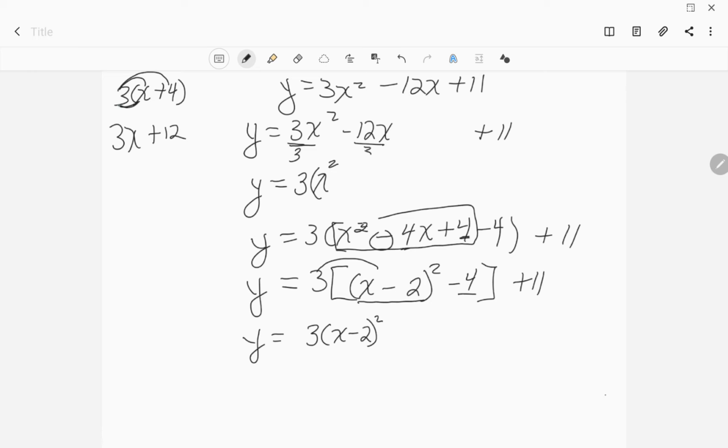But then when I multiplied the 3 with the 4, I got 12. So same thing. If I multiply the 3 with the negative 4, I get negative 12. And then I still have that plus 11. So now I have 2 constants that I could put together. Y would be 3 times x minus 2 squared, and negative 12 plus 11 would be negative 1.